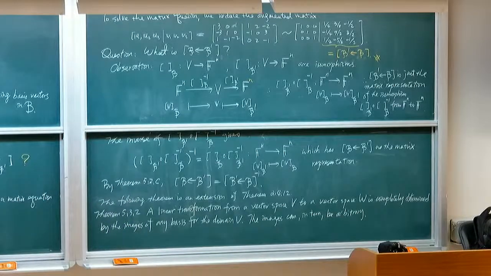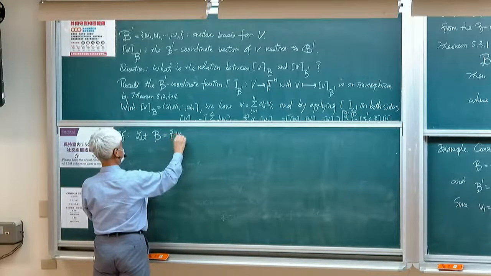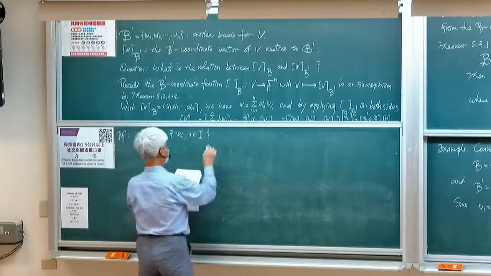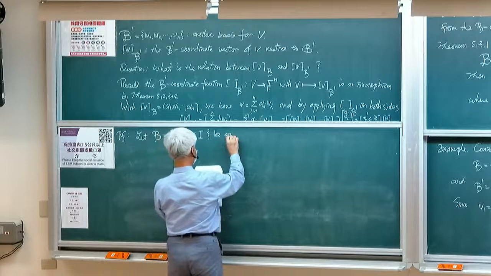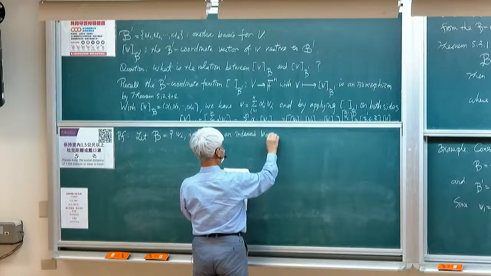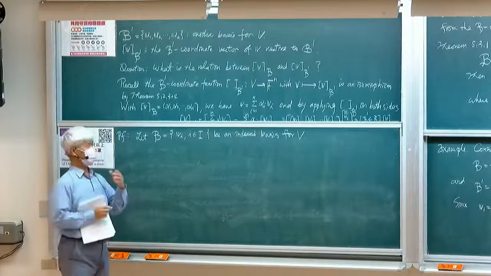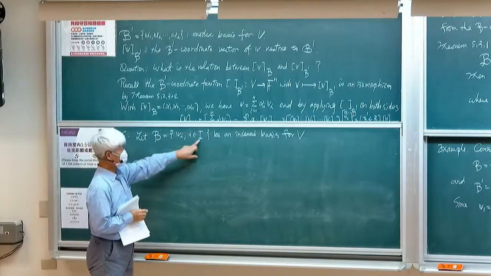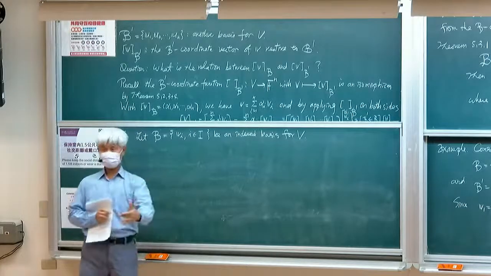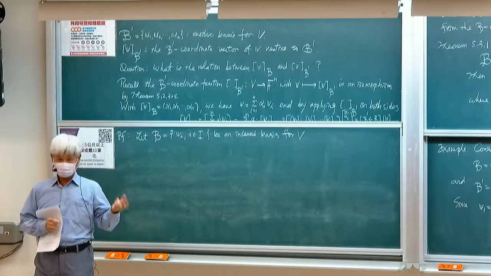So we let B be Vi, with i in an index set I, an indexed basis for V. So we have to use an indexed basis, and this I can be an arbitrary index set. For example, I can be the set of all real numbers, so the index set will be uncountable.